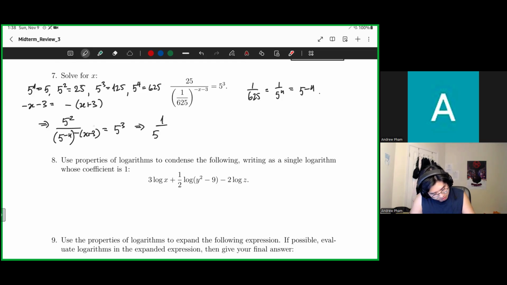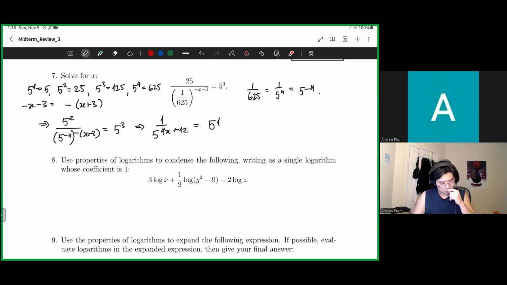So minus 4 times minus x is just 4x, and minus 4 times minus 3, that is simply just plus 12, is equal to 5 to the 1.